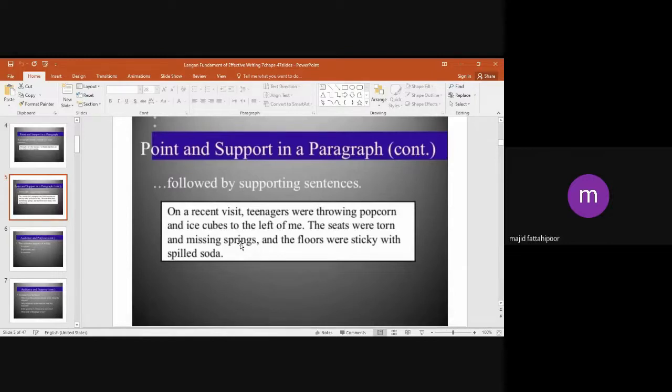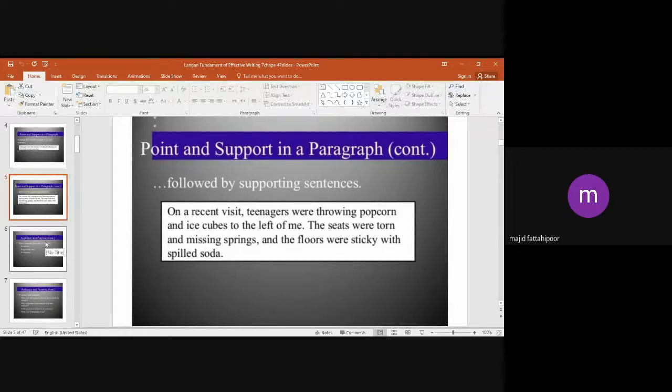If they get out of control, teenagers can get very noisy. They can throw popcorn or ice cubes, and you know, they spill soda and so on. I mean, this example has somehow entertained me and also persuaded me, but it didn't give me much new information about the cinema itself, you know.